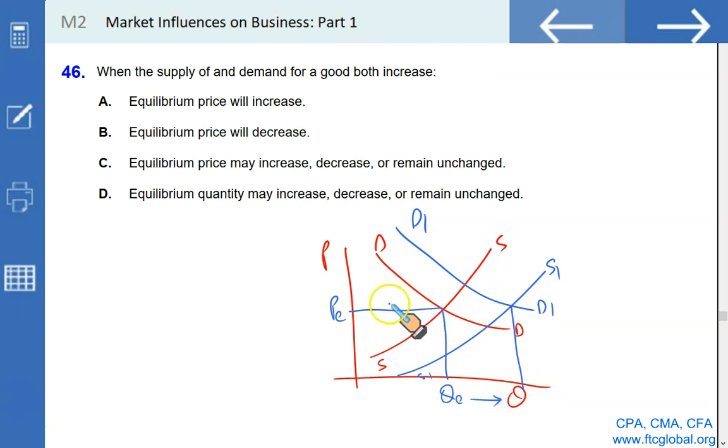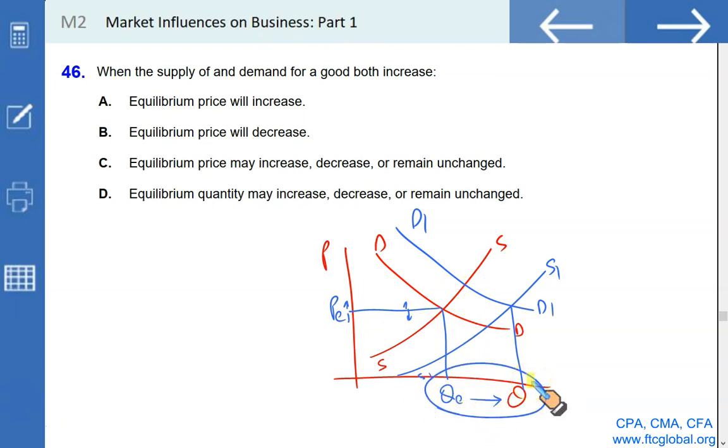But what we are not certain about is that the price might slightly go up or down, because we are not sure to what extent demand and supply have increased proportionally. So it could be up or down. There would be some variation in price, but quantity for sure increases.